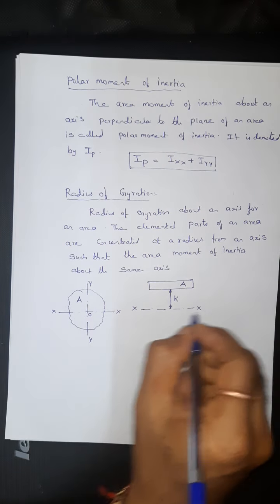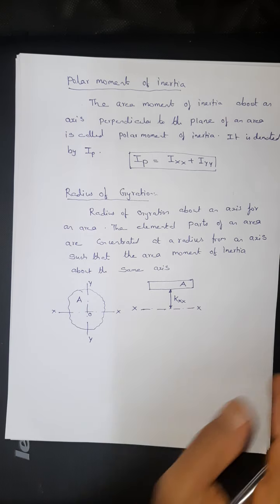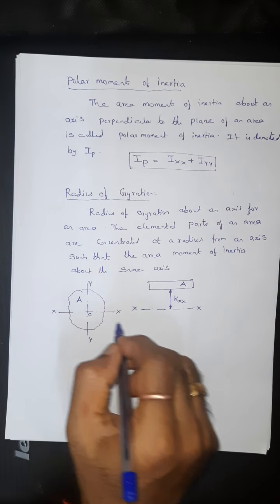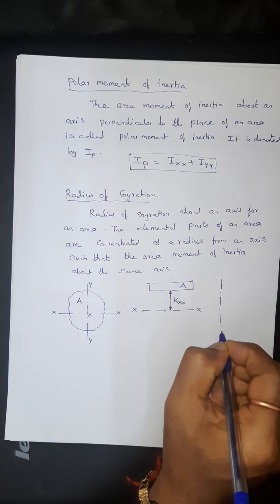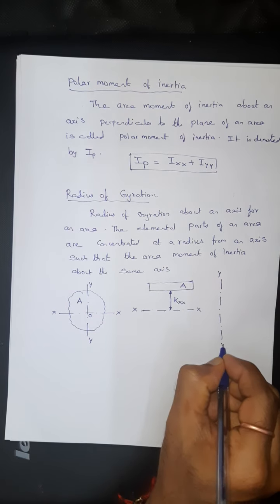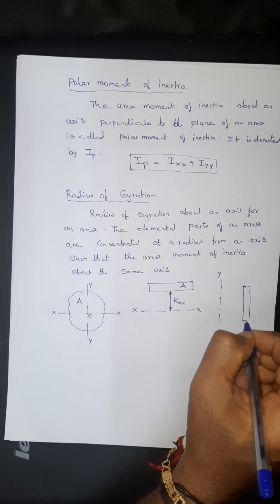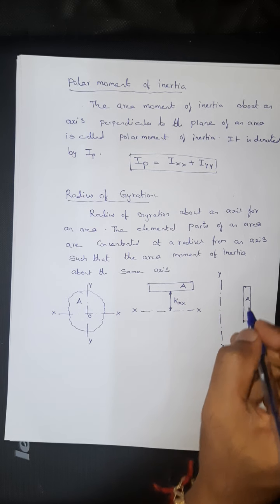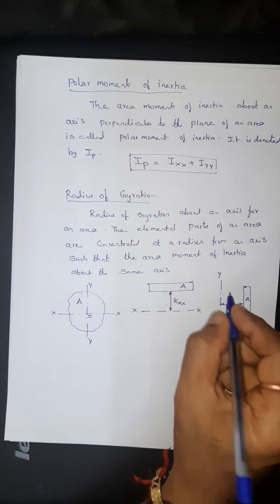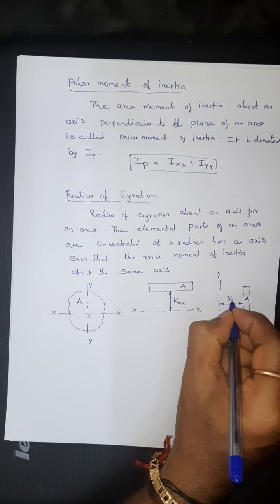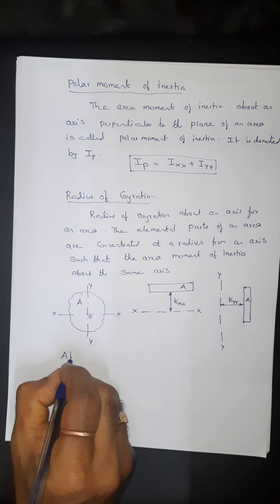Since it is along the x-axis, it can be denoted as kxx. If it is with respect to the y axis, then the concentrated area of the same area, at its distance from the central y axis, can be denoted as kyy.